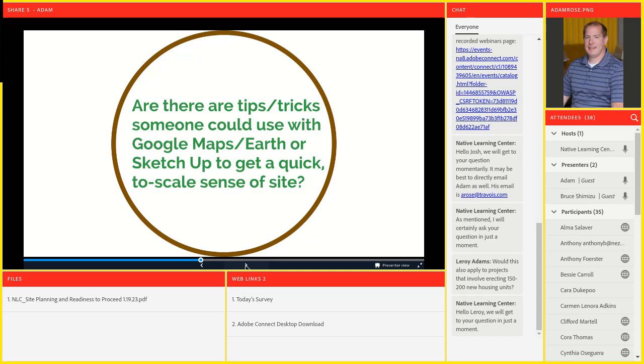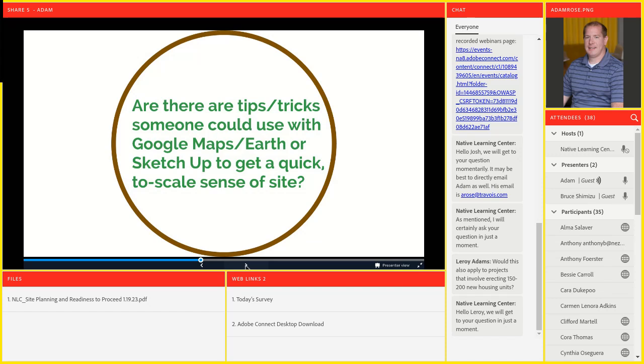There was. Leroy Adams mentioned, would this also apply to projects that involve erecting 150 to 200 new housing units? Yeah. So this particular resource and the scale that we're talking about for the project today is a 25 unit project. Now, what we've seen lots of clients do, Blackfeet is one that immediately comes to mind, where they've done 7 different tax credit projects.